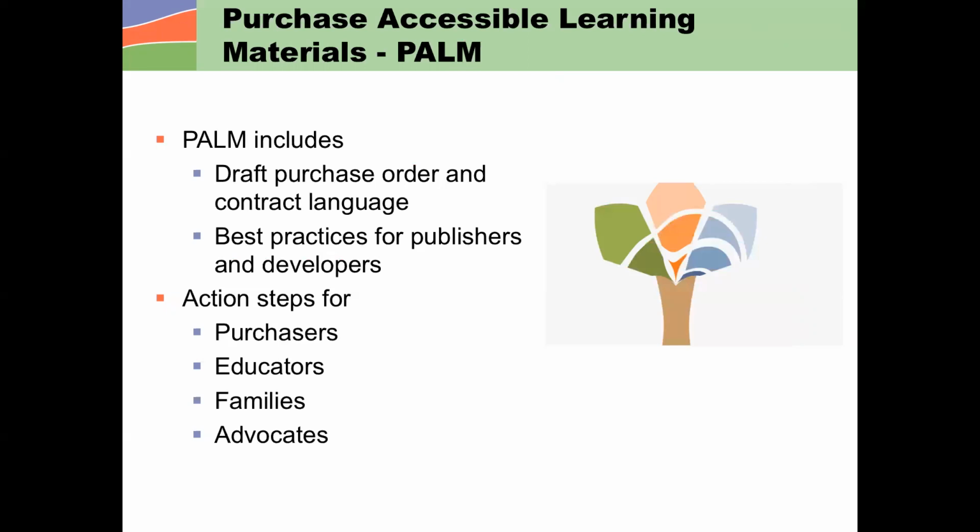So that would be what you insert in your purchase order or contract that puts vendors on notice that you expect whatever they are going to be proposing for purchase from your agency is going to be accessible. And there's some language around that in terms of what does that mean? What is the information that you should be giving to vendors in that statement?